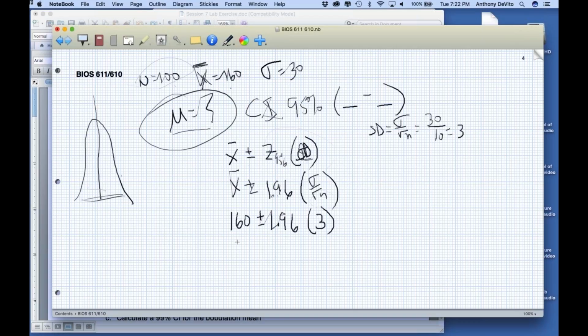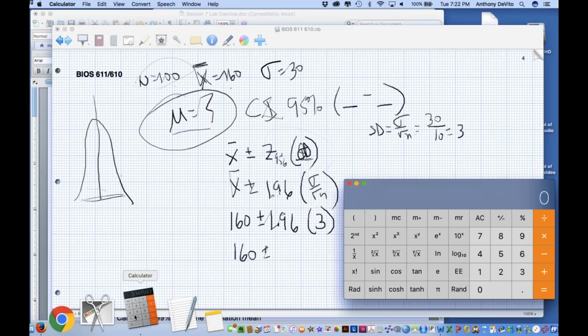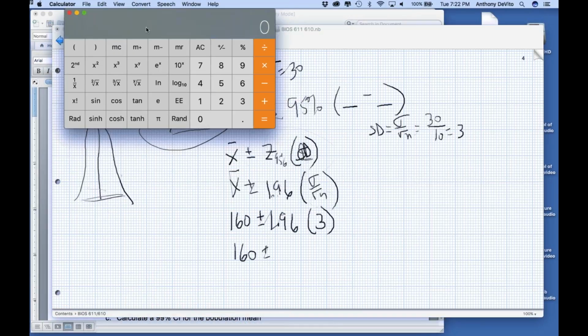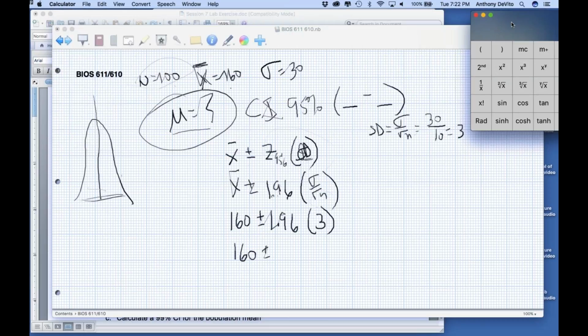Okay, so now let's see what we wind up with here. We wind up with 160 plus or minus 1.96 times 3. I'll get my calculator up here. 1.96 times 3 is equal to 5.9. I'm going to call it 5.9, to make things a little simpler for us right now.